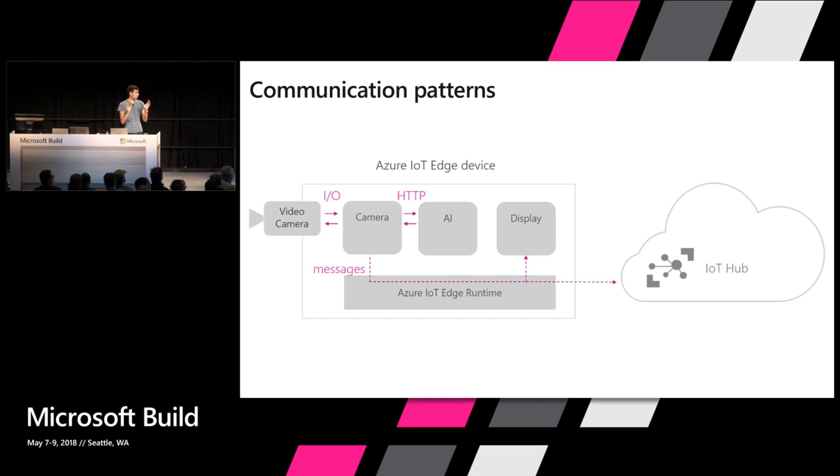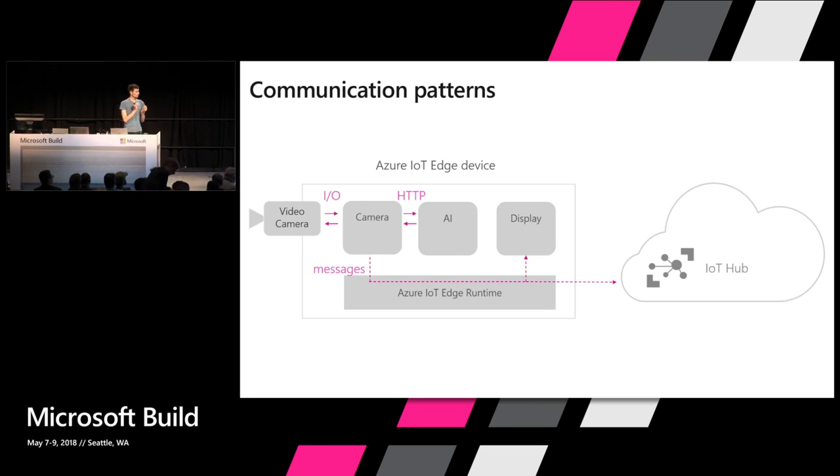So all modules are connected to the same network bridge through the Azure IoT Edge runtime, and that's how you can transfer large files. But it gives you a tight coupling between your two modules. So if one goes down, the other goes down as well. And you can't do broadcasting with this kind of pattern.